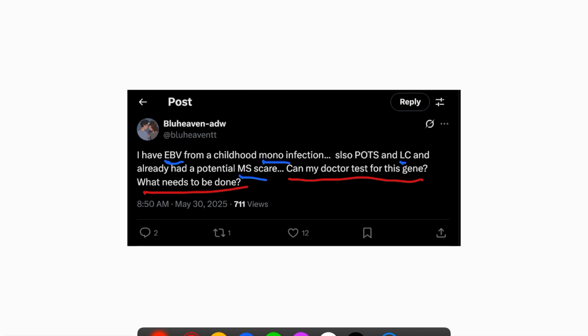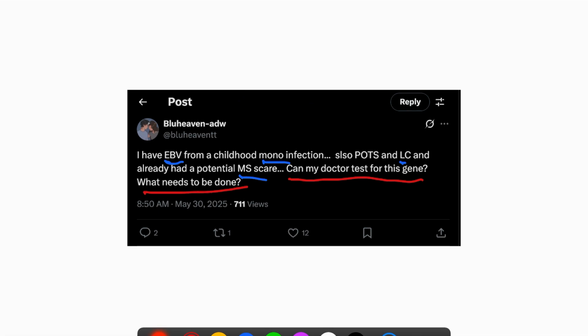But what it does do is it really teaches us about the biology of Epstein-Barr virus and what could potentially be going wrong to lead to the development of specific autoimmune diseases such as MS. So it teaches us more about the biology.